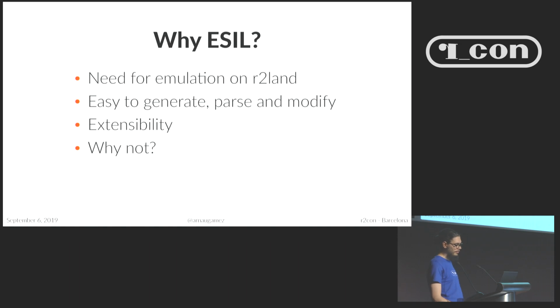There is nothing crazy about it. It also provides us some extensibility. That means we can define our custom operations for some architectures with ESIL itself. So some custom operations that are not defined by default in ESIL, we can define using the ESIL primitives. And also, why not? We like to do crazy stuff, so why not?